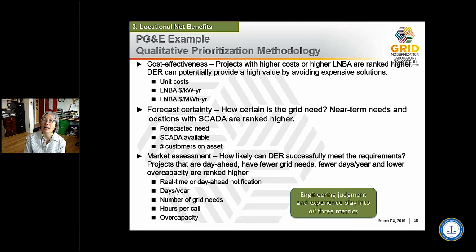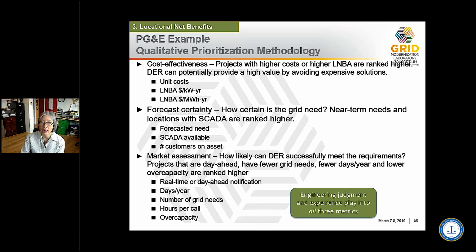So the first one, cost effectiveness. So you look at the cost of a traditional upgrade. You turn that into a locational net benefit number by looking at the maximum kilowatts needed during the deferral period.